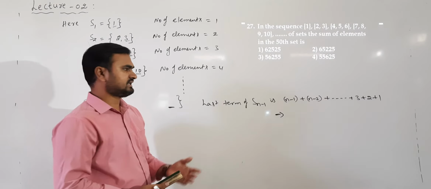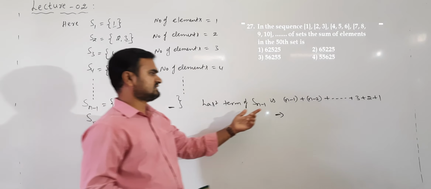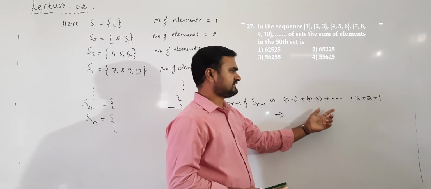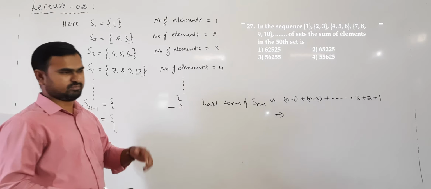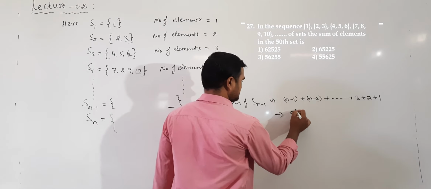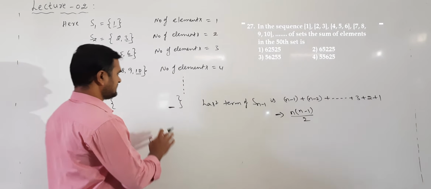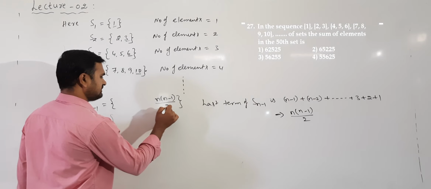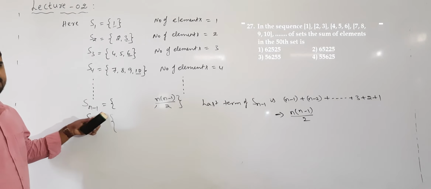So taking the sum of the number of elements in the previous sets, that is n minus 1, n minus 2, up to 1. If you take the sum of this, it is the last term of Sn minus 1. So it is the sum of n minus 1 natural numbers, which is n into n minus 1 by 2. This is the last element of Sn minus 1.